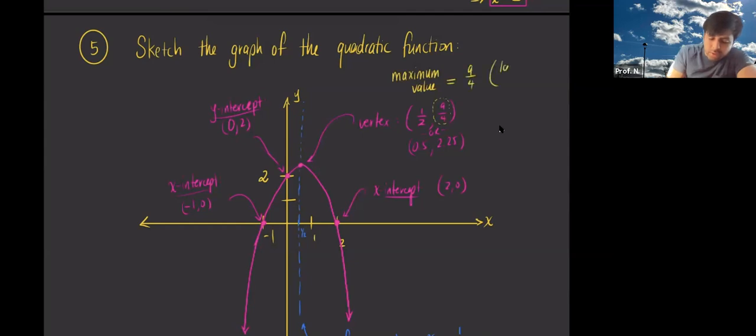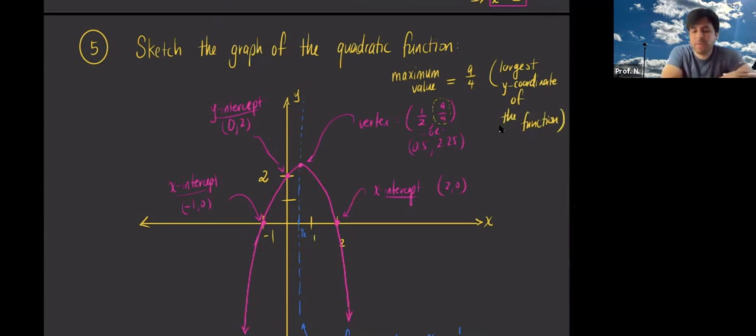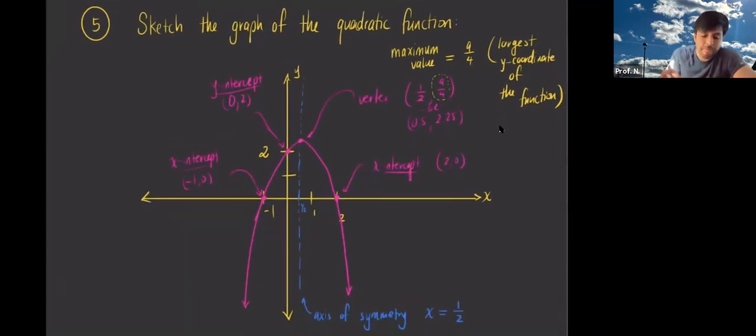So this is the largest y-coordinate of the function. And alternatively, the minimum value will represent the smallest y-coordinate, which would indicate that it's a minimum. But in this case, we don't have a minimum because you can see that the arrows here point all the way downward. So it goes on forever to negative infinity.